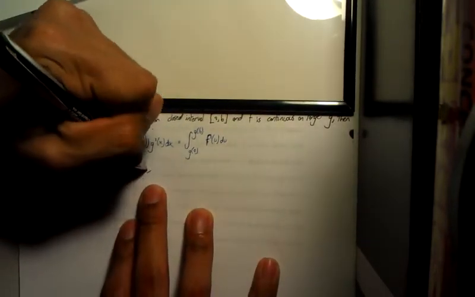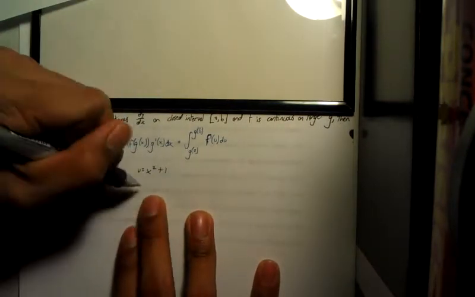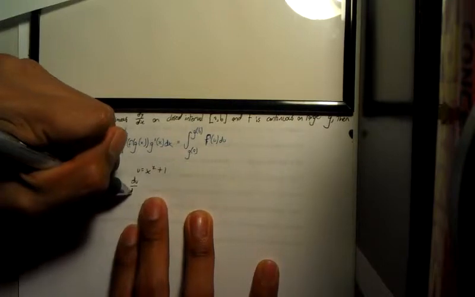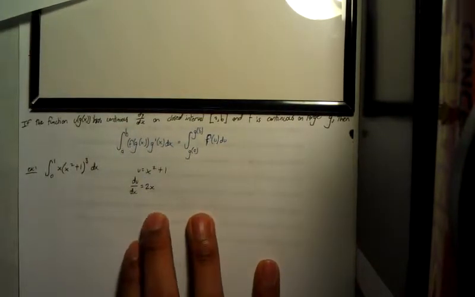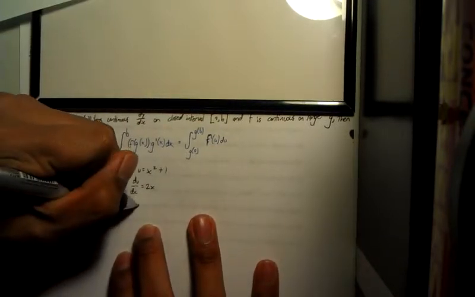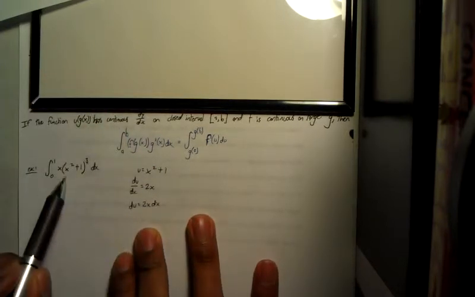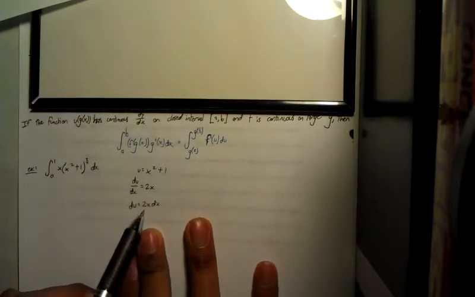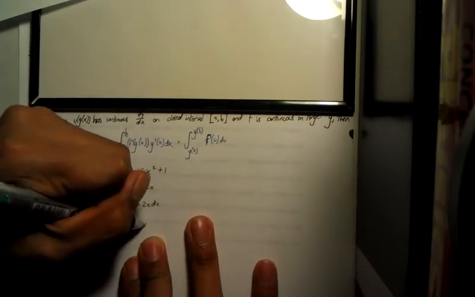So for this one, we'll make our u equal x squared plus 1, take the derivative, and that's 2x. Bring our dx over to the other side, and we have an x dx, but we don't want this 2, so we're going to divide by 2 on both sides.